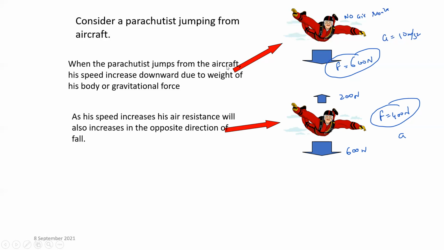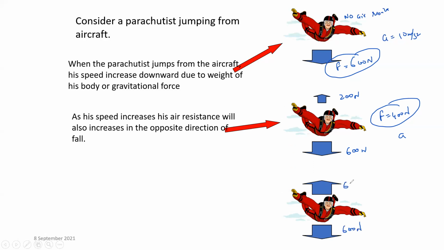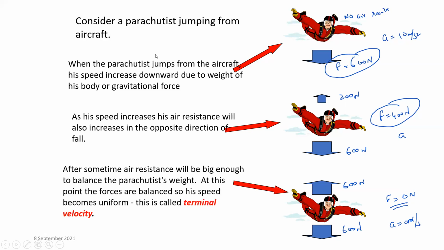As his speed increases, the air resistance will also increase in the opposite direction, and once his weight, which is 600 Newton, balances with the air resistance, which is 600, the force on him is 0. If the force is 0, the acceleration will also be 0 meter per second square, and this parachutist will move with a constant speed. And we call that the terminal speed or terminal velocity. Is it clear till this point? Does anyone have a doubt or a question?